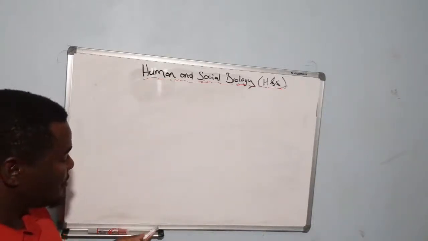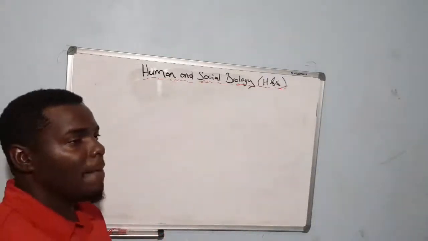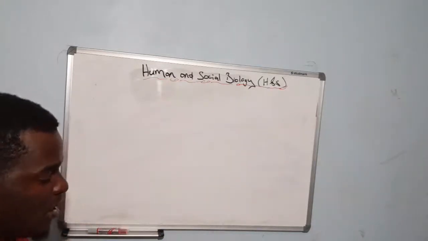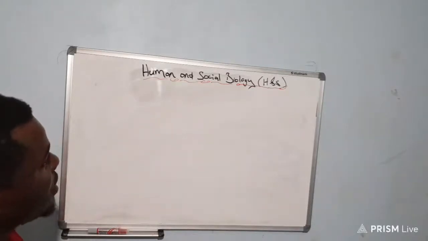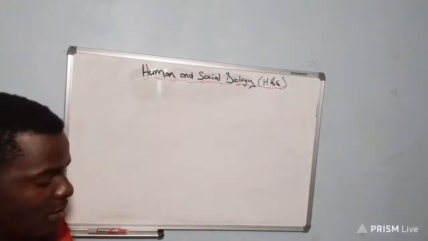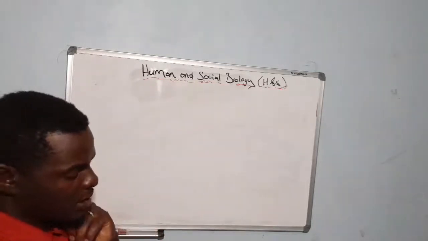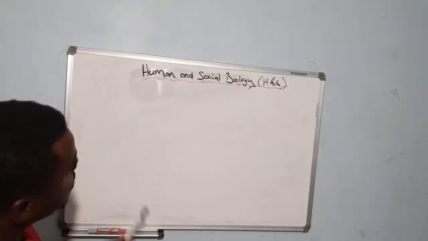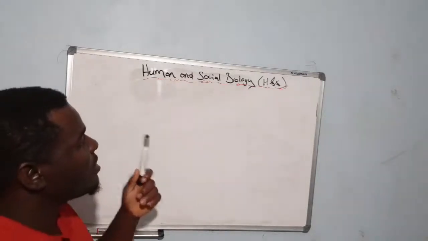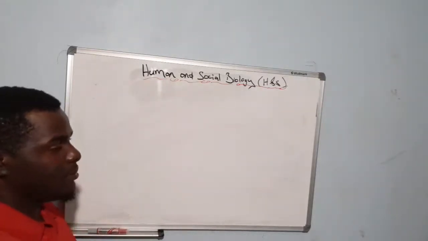You can always contact me, send me a comment if you don't understand something, and let me know where I can drop in and give you a helping hand. Human and social biology is offered at the CXC level, the Caribbean Examination Council. We'll be looking at the things the syllabus has to offer, taking this step by step.